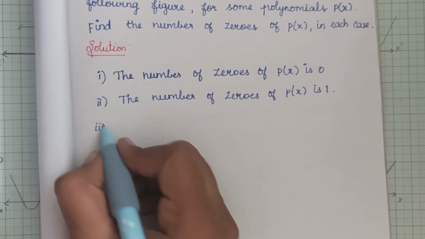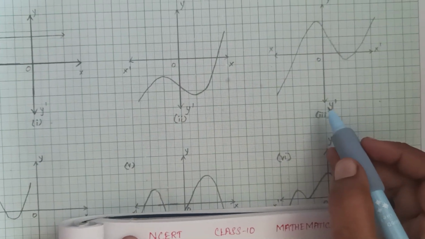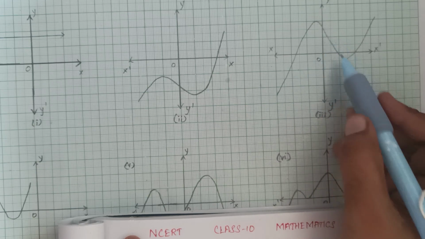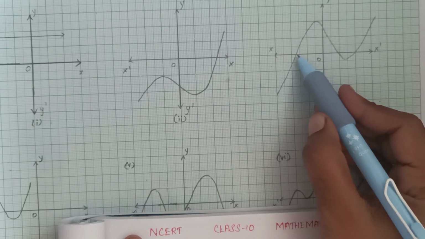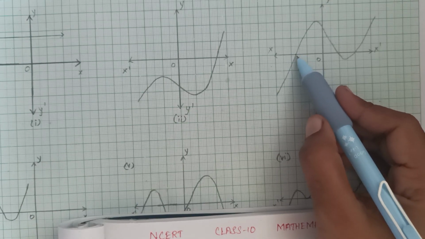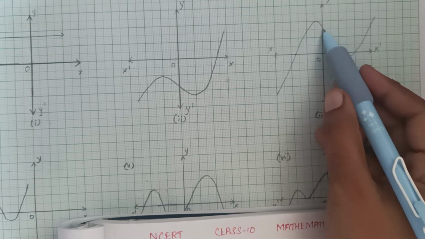Okay, now go for the third one. So look at the third sum, the third graph. So just check the graph. How many times does the graph cut the x-axis? Start from here. So 1, and then this is the y-axis line, so we should not consider this.